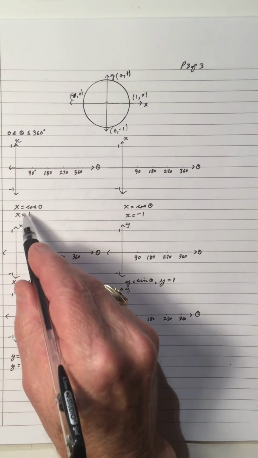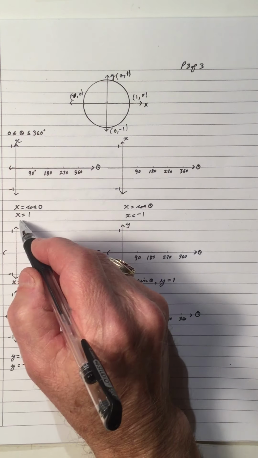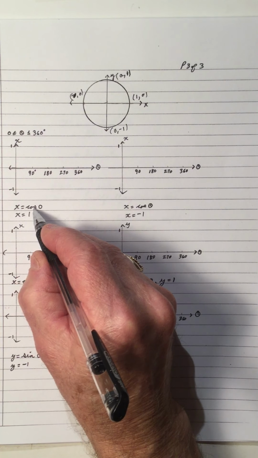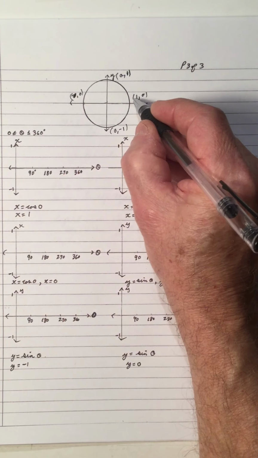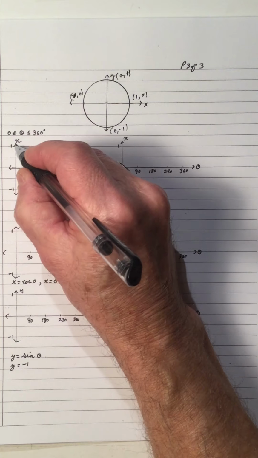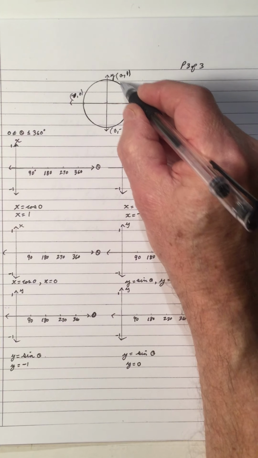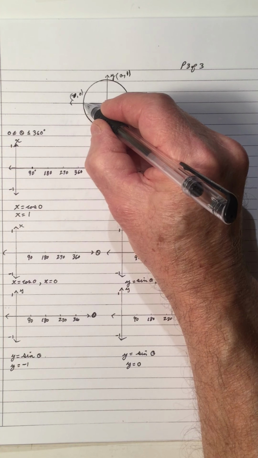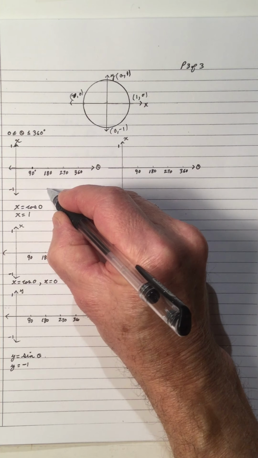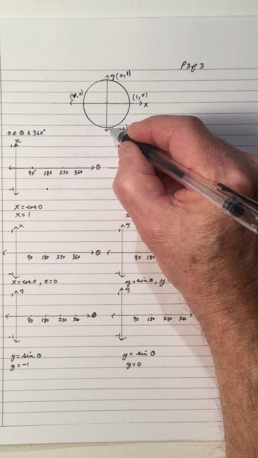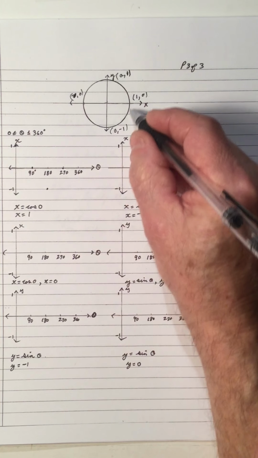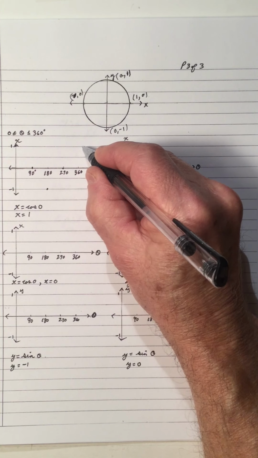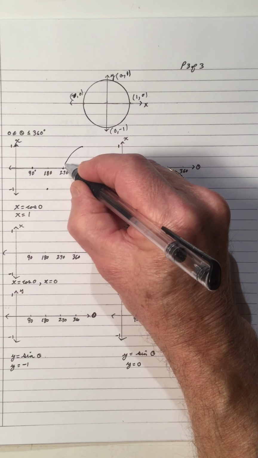These are the equations that fit this graph. So x equals cos theta. The cos of 0 is a 1. The cos of 90 is a 0. The cos of 180 is negative 1. Cos of 270 is 0. The cos of 360 is a 1. So there's the cos graph.